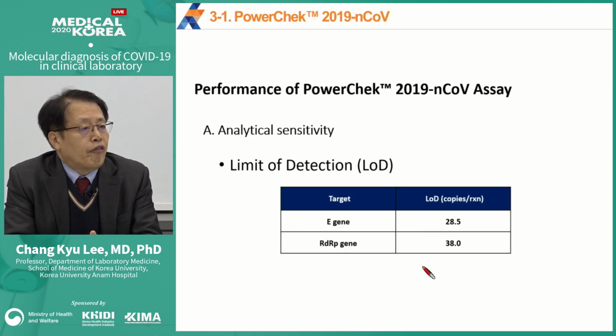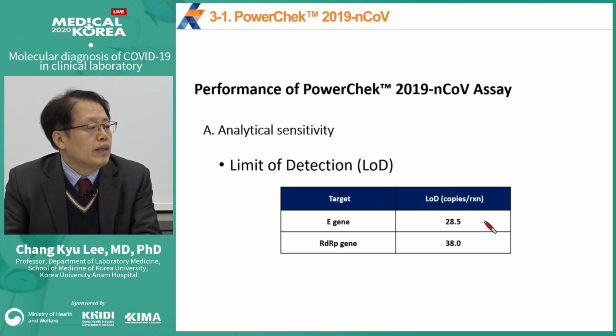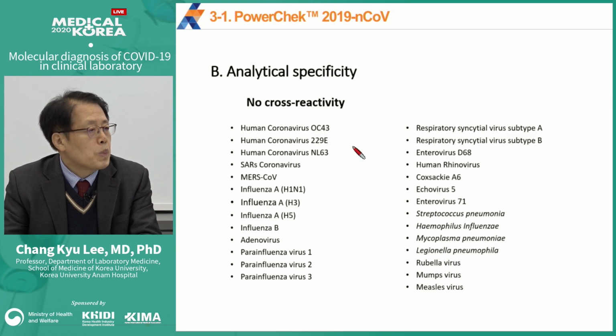Regarding the performance of PowerCheck, limit of detection of E gene is about 28 copies per reaction. RdRp gene is 38 copies per reaction. It shows no cross-reactivity with these all virus and bacteria.